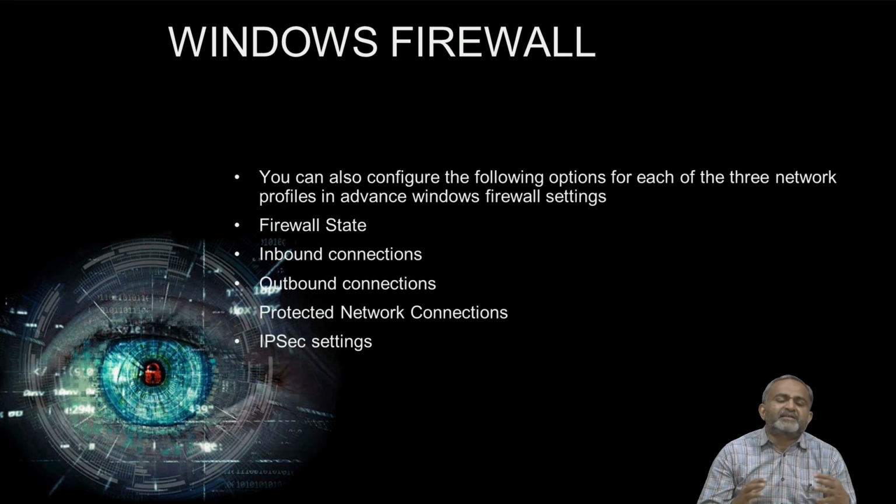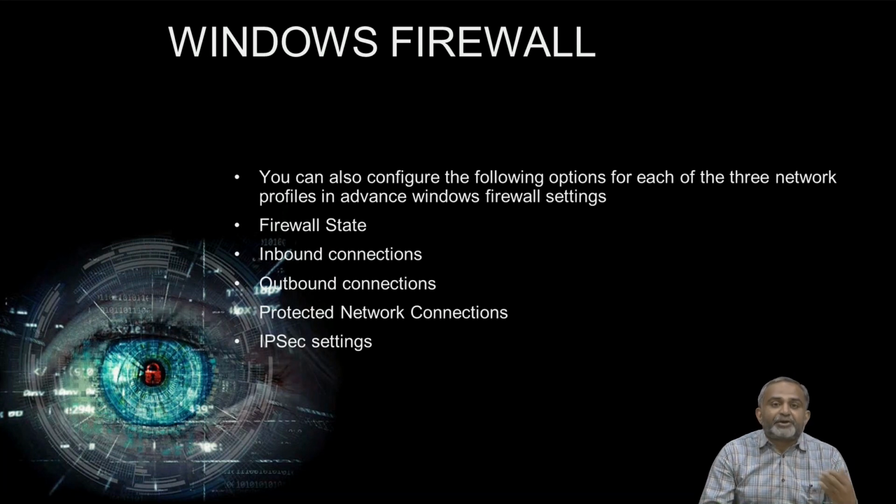Protected network connection means if you want to protect your network and connect multiple devices in this kind of network, for your private point of view or a private network, it is also available.